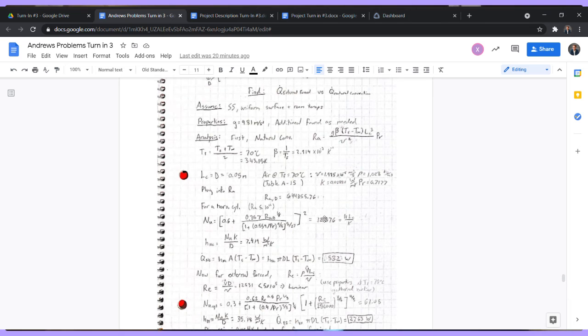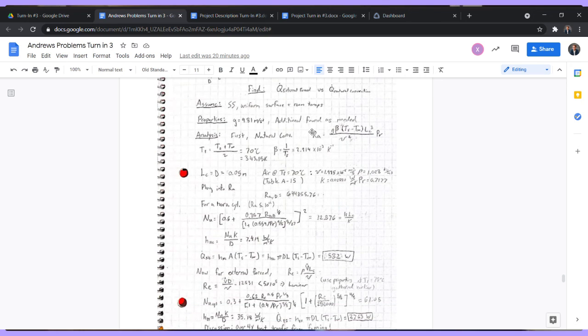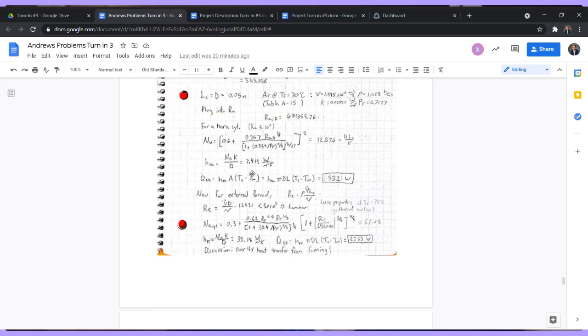So starting off, we compared external natural and forced convection, with natural convection going first. Rayleigh number was found, which then led us to the Nusselt number, which then helped us find our heat transfer coefficient, and eventually our heat transfer of 582 watts.